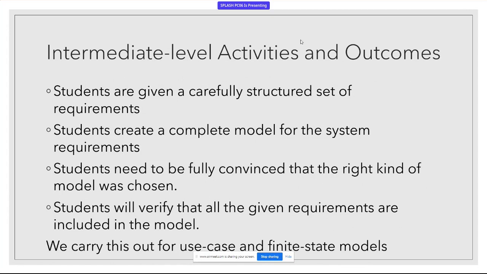And the requirements are written in a very structured way so that students clearly see how the requirements are incorporated into the model. And we do this for both use case and finite state machine models.